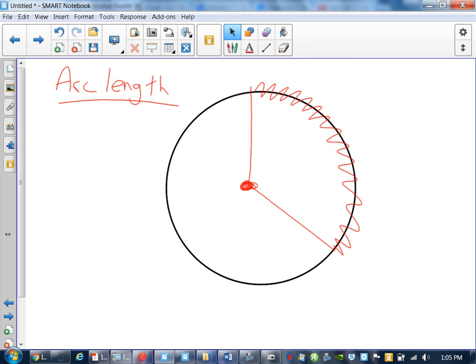So, arc length, you're dealing with a portion of the circumference. Now, like I said a second ago, your circumference is the distance around a circle. The circumference was the distance around a circle, and it had a formula to solve for.